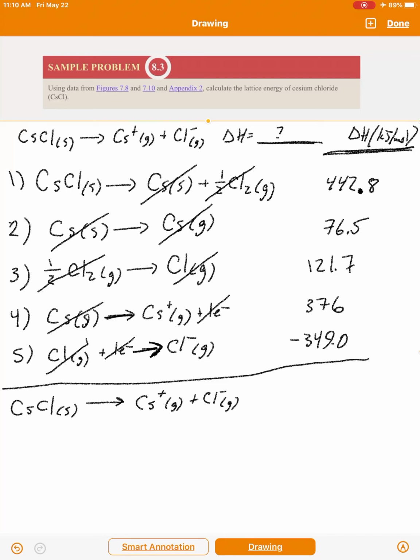And if you look in table 8.1, CsCl is not given there, so you can't look up the value there. But it should come out to about 668.